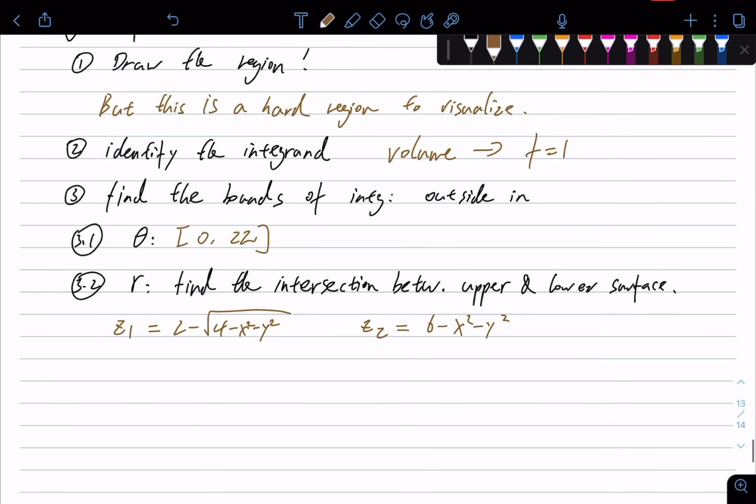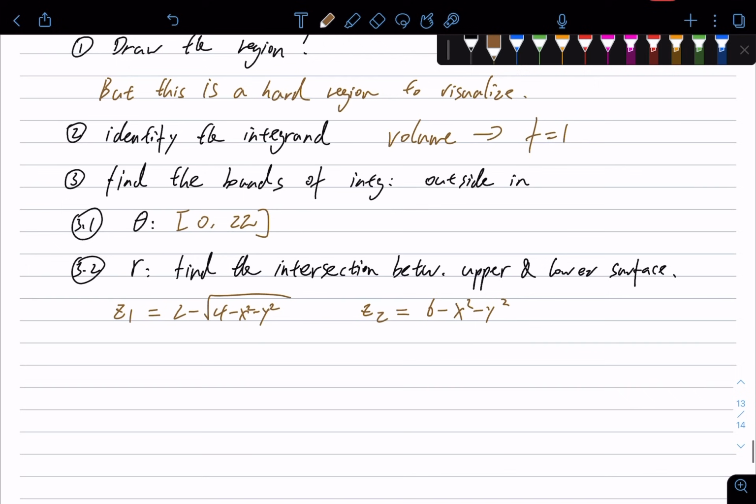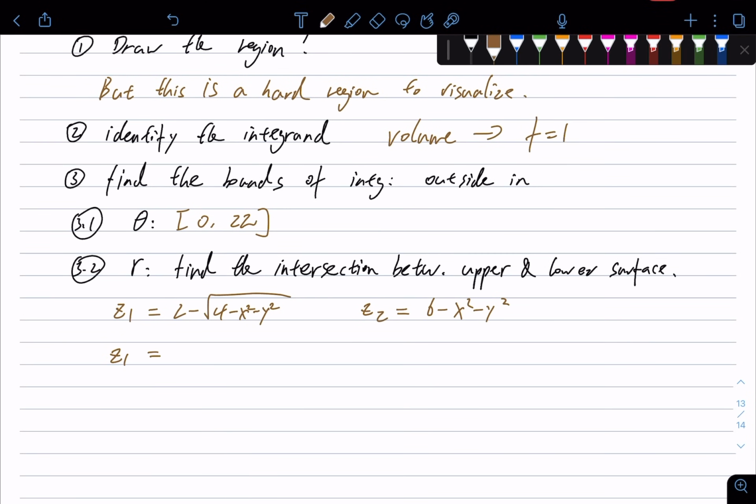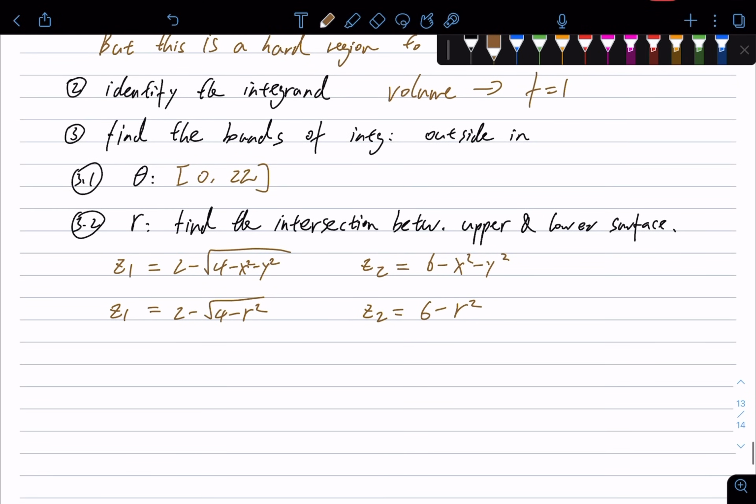Let's go ahead and convert them into cylindrical coordinates. So z1 equals 2 minus the square root of 4 minus r squared, and z2 equals 6 minus r squared. And then we are going to let z1 equal z2, and solve for r.